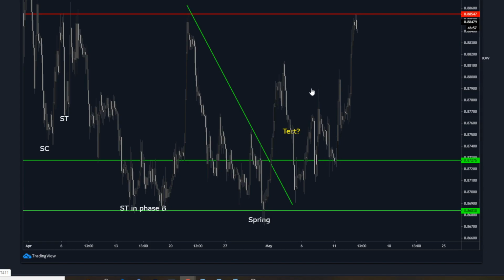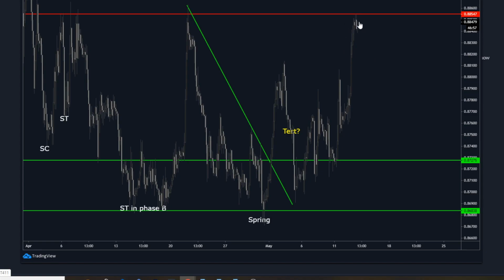to make multiple pips. Usually I scale in these, and I use a portion of my positions just for the day trading part, and the rest I just hold on to until it reaches my 618 target. So you see here, this is where I got out of some of my day trading position.